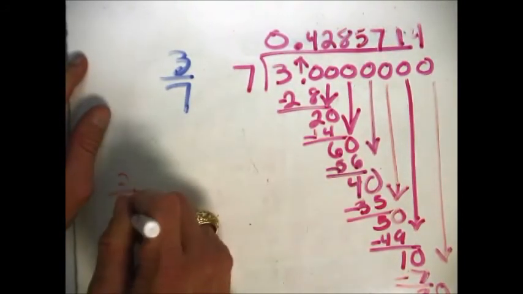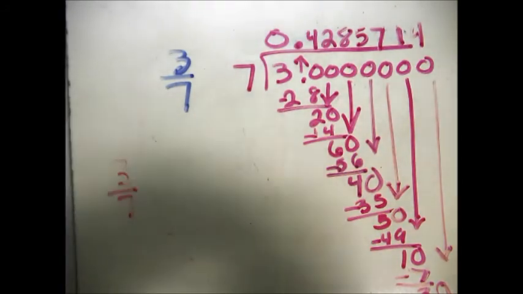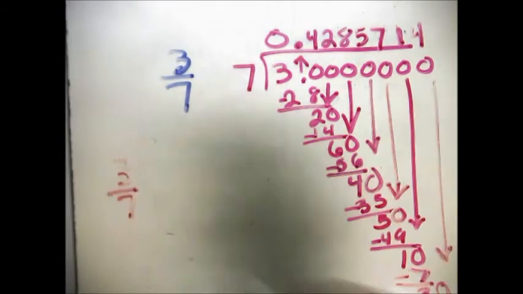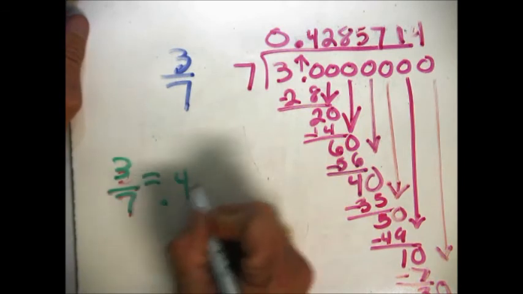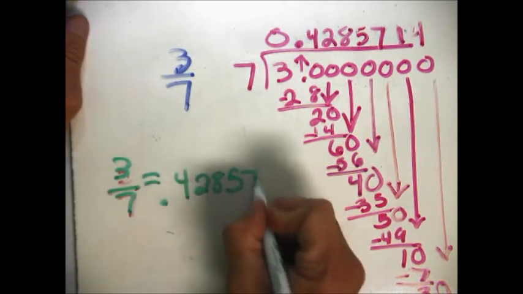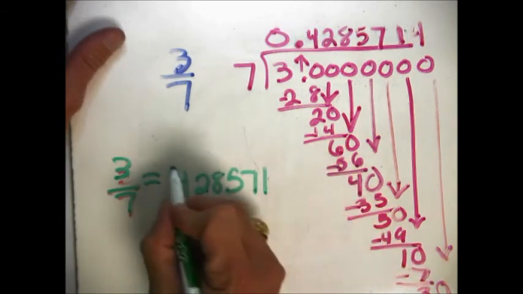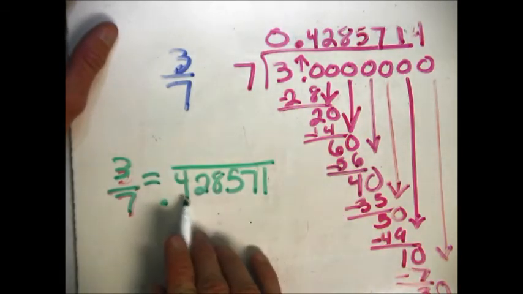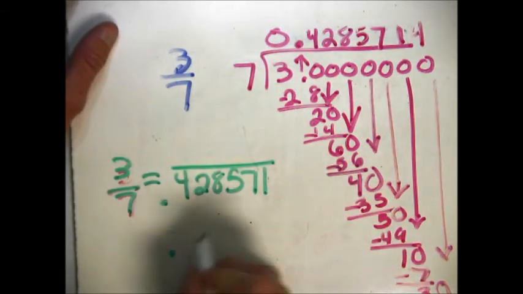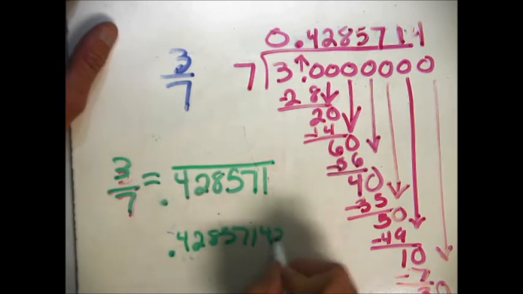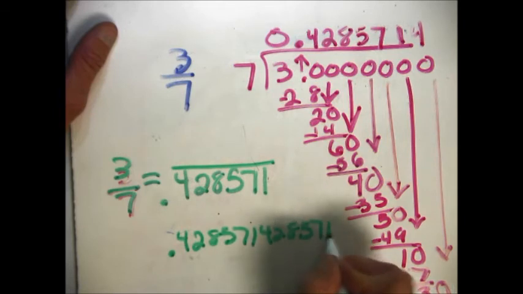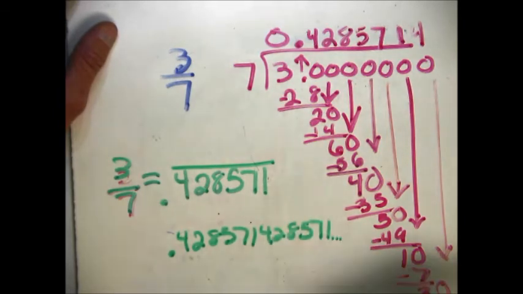So 3 over 7 is equal to 0.428571, and I'm going to use what's called the bar notation because this repeats. Technically it goes 0.428571, 428571, and then it just keeps going on and on.